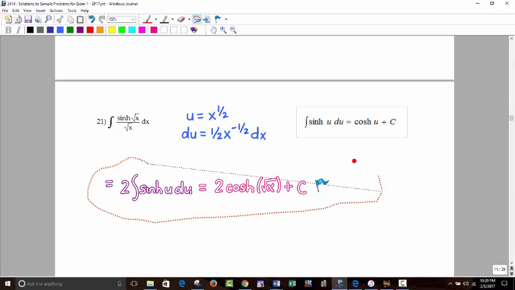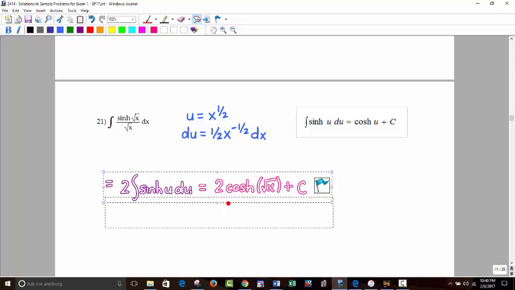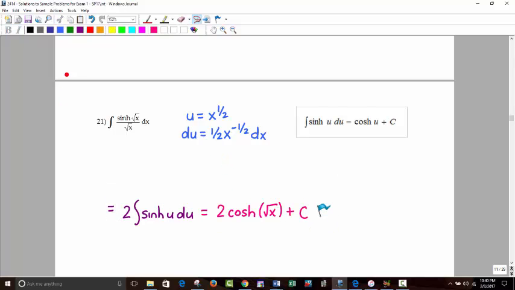I'm not working on a tablet PC right now, so I can't really draw with a stylus and my freehand, but I should have done this. I didn't put the integral sign there. And then I would have put x to the 1/2.